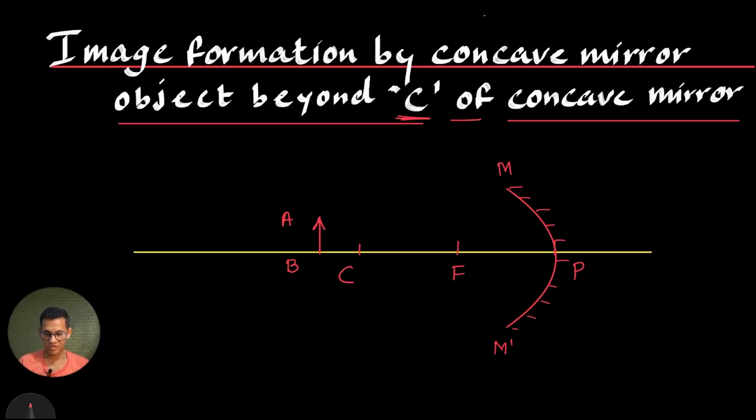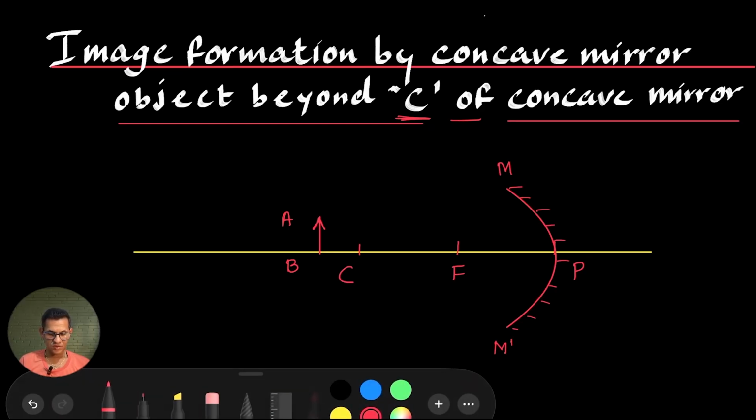Again, depending upon the size of the mirror, see to it that it doesn't go beyond the size of the mirror. Now we have to follow any 2 rules out of the 4 rules that we have studied and get the image formation. So let's use the first rule.